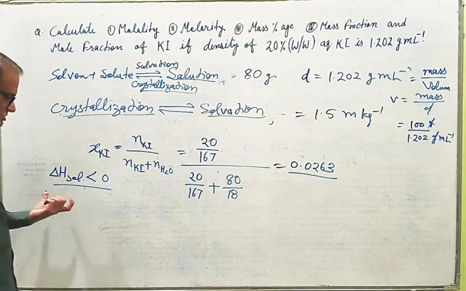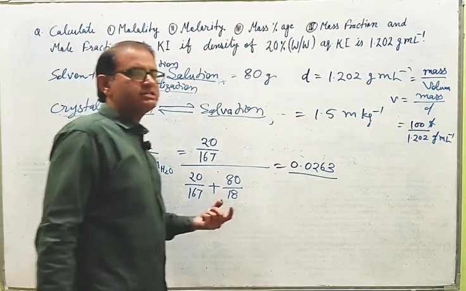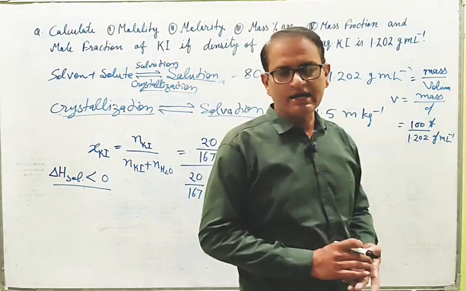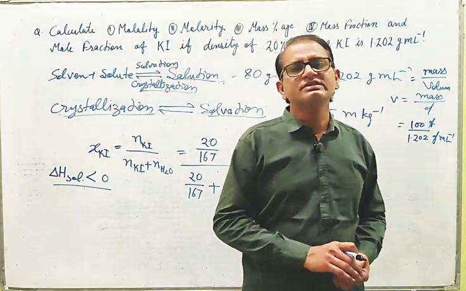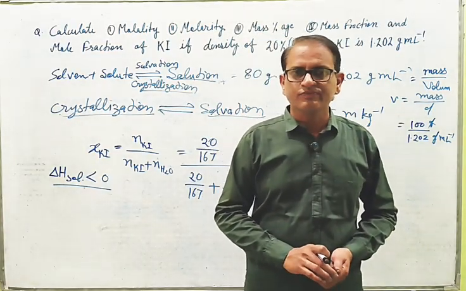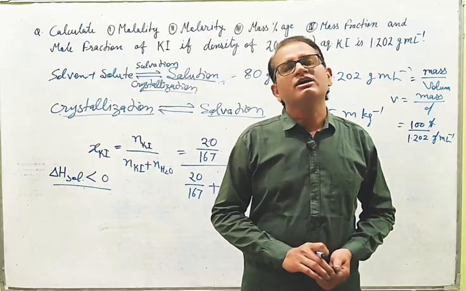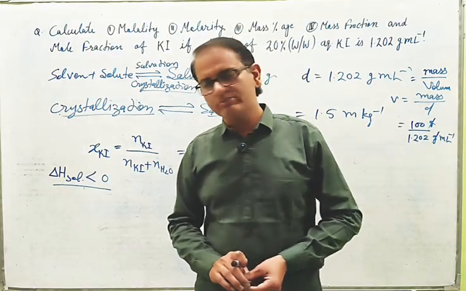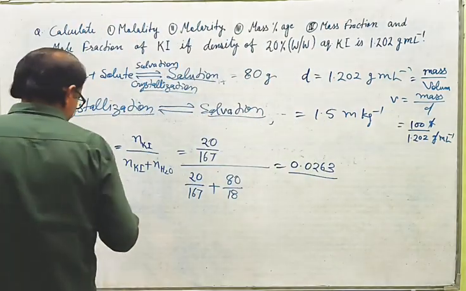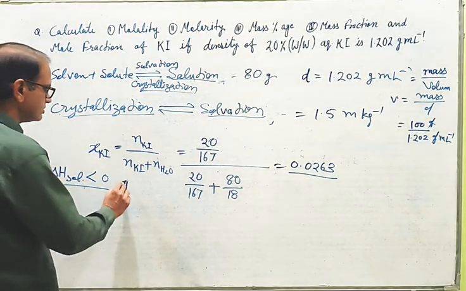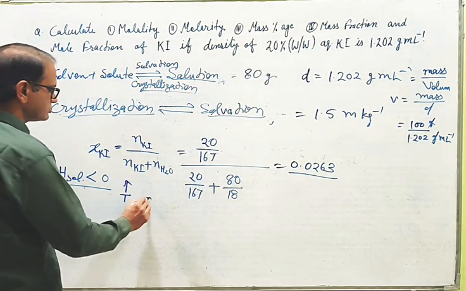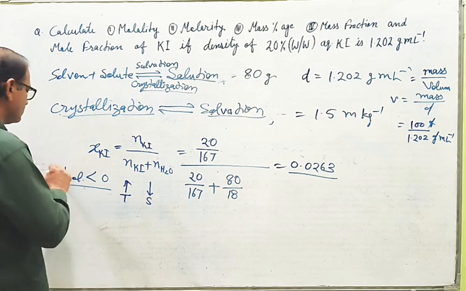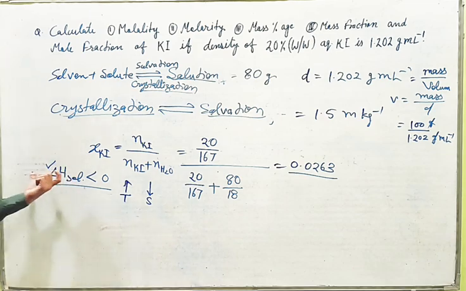So dissolution is an exothermic process, and in that case, if we increase temperature, it has an opposite effect. The solubility will decrease on increasing T. The solubility will decrease for an exothermic dissolution.